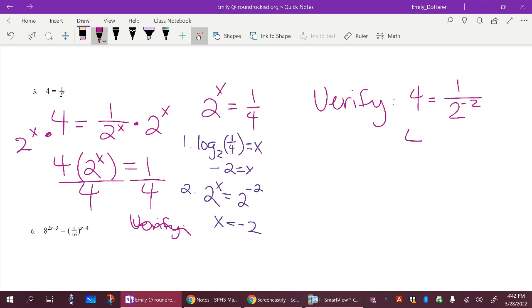Well, we know from the negative exponent rule that if we have something raised to a negative exponent, that we flip that fraction. So it becomes 2 squared, and 2 squared is 4. Therefore, x equals negative 2.